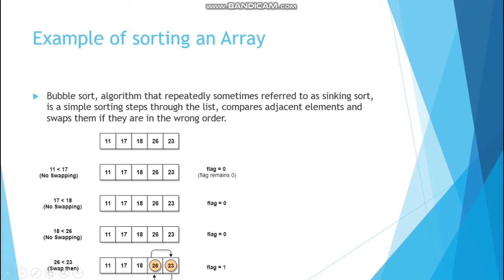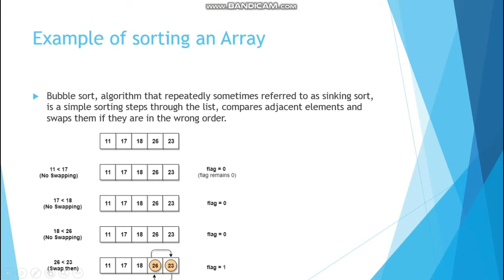First of all, we will start by comparing the first two elements, 11 and 17. Here we can clearly see that the element at position 2 is greater than the element at position 1, so no swapping will be done in this case.